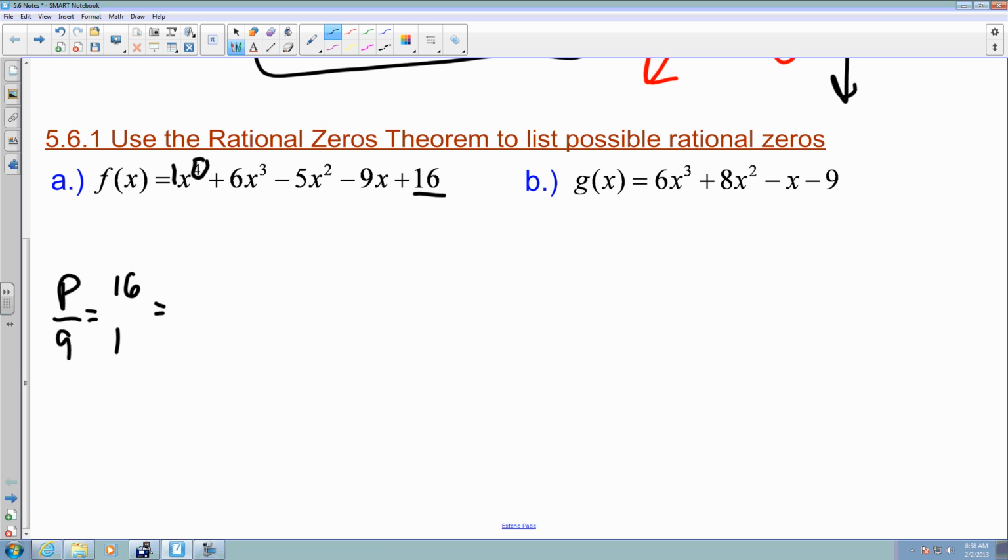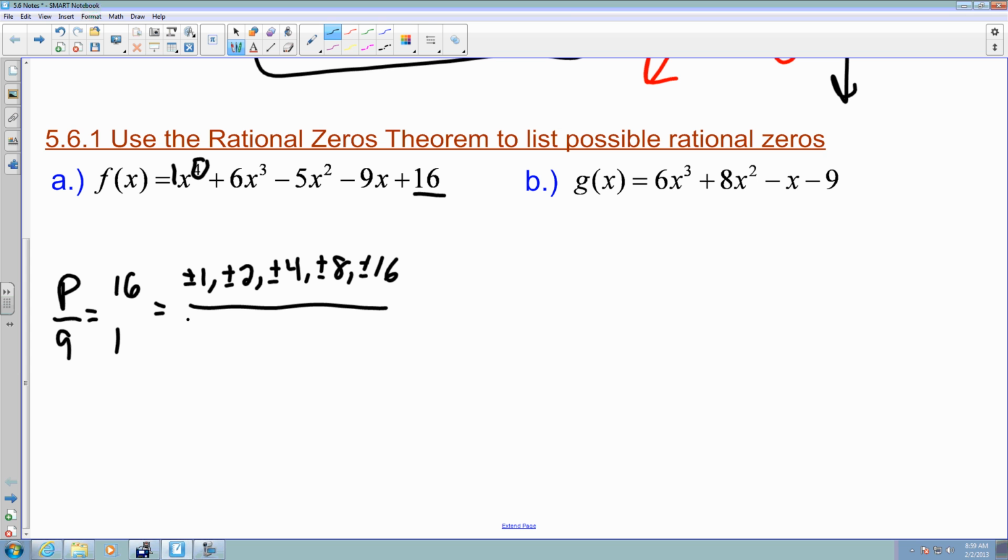When I list all the possible factors, I can use both positive and negative. The factors of 16 would be plus or minus 1, plus or minus 2, plus or minus 4, plus or minus 8, and plus or minus 16.